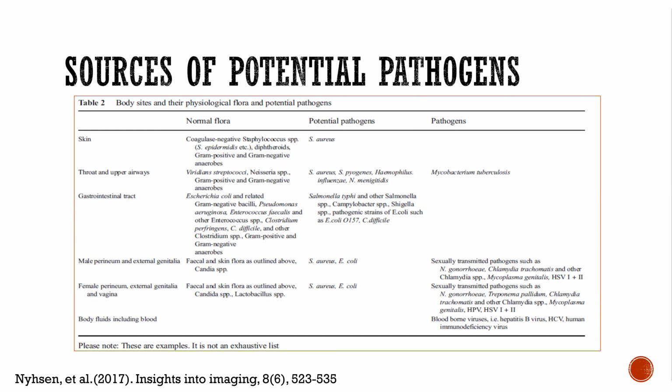And then there are things typically found around the genitalia and the vagina. So having this sort of guide can be helpful if you're starting to see particular types of pathogens showing up where you're surprised that you'd be seeing infections in those areas.